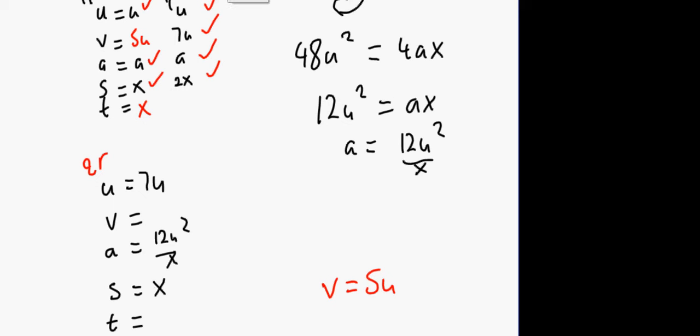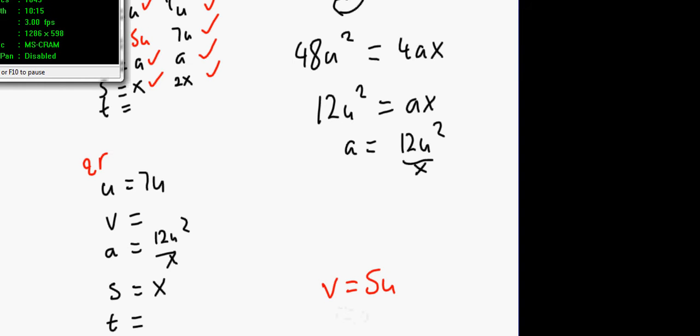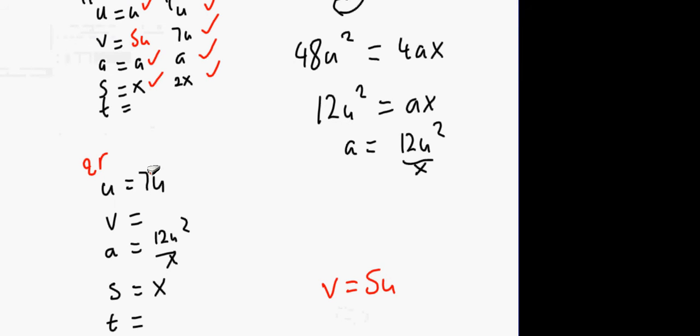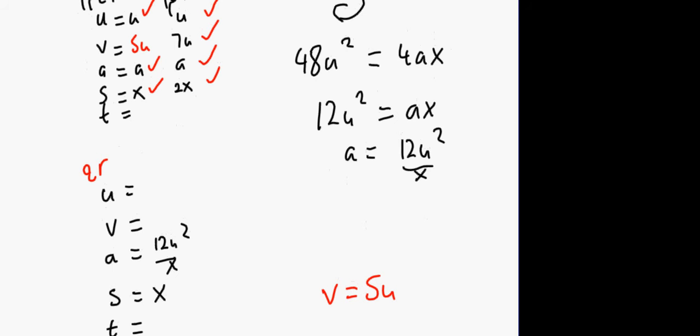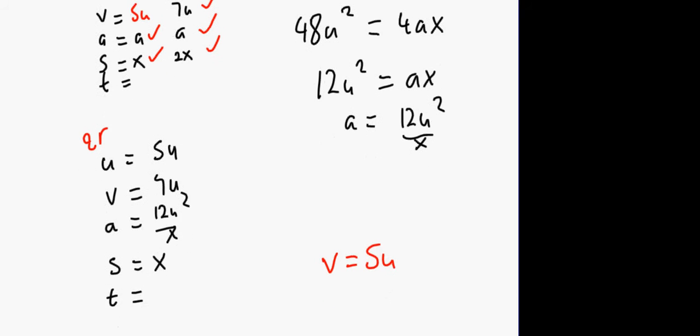So we're looking to find out what t actually is. We actually know that the velocity 5u is the initial velocity at the point Q, because v was the point at which you cross Q, which makes it 5u, and the final velocity is 7u. So you can see that we have a lot of information about QR.